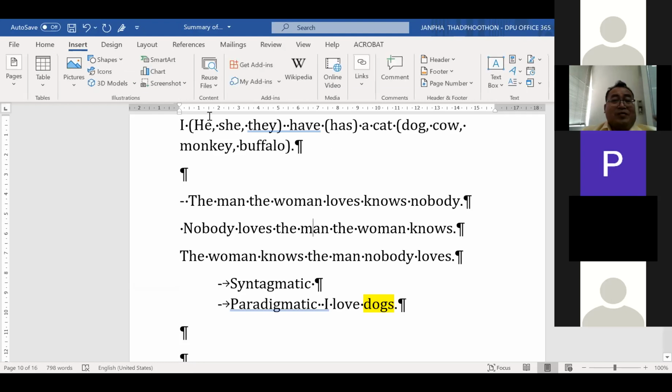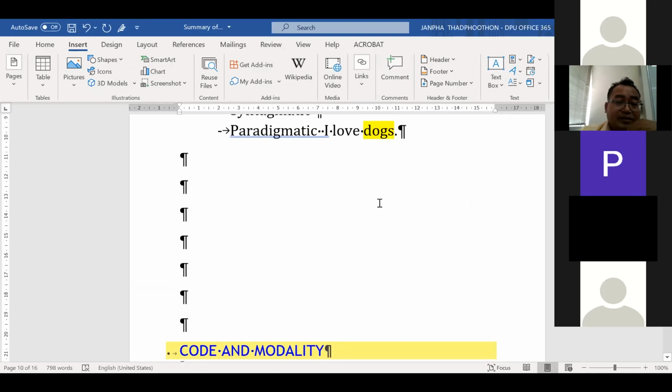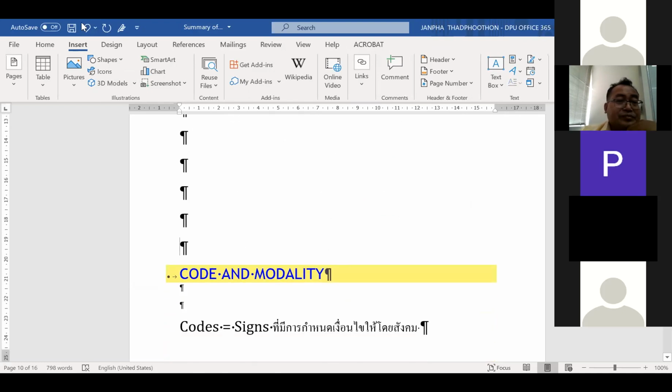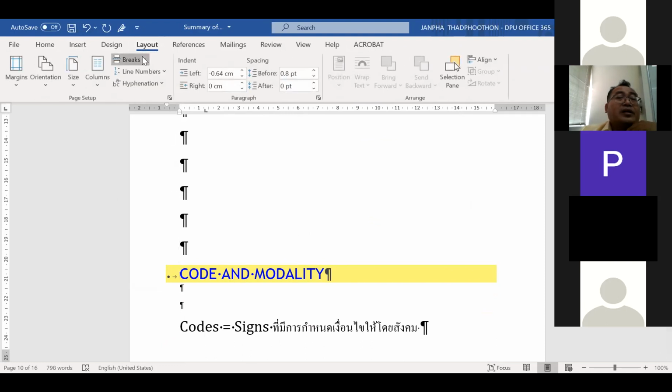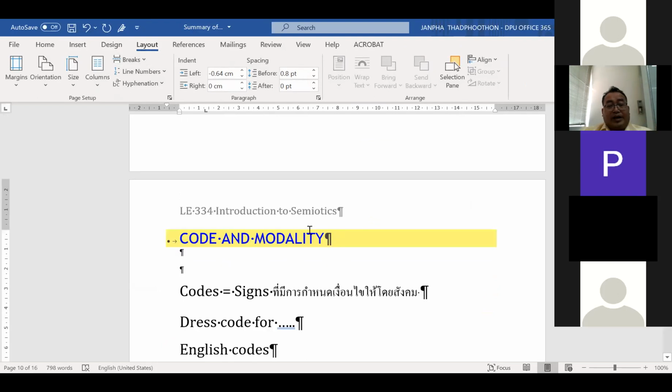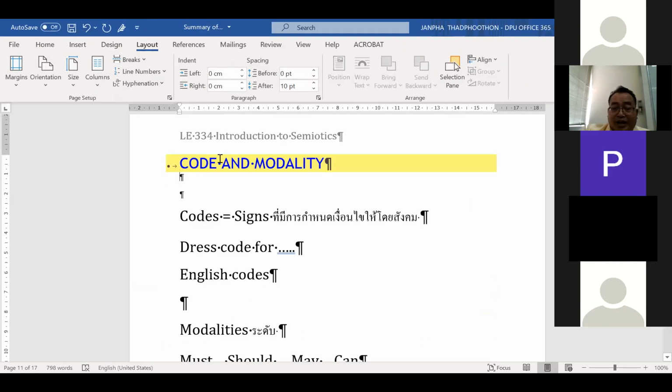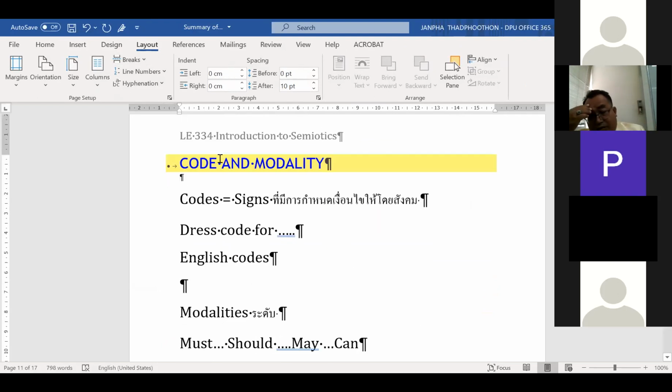This is very basic. So far we talked about the meaning, the two models, and the organization of the signs.